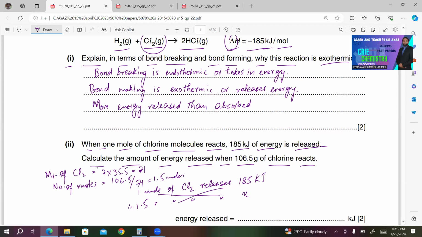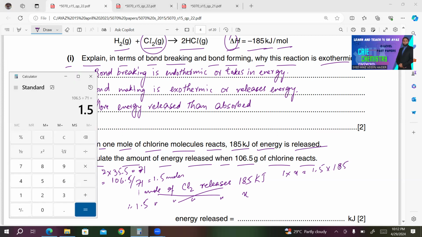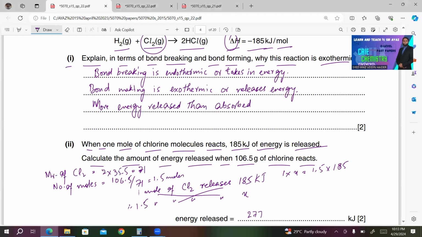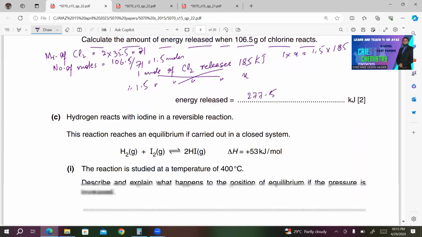So you do the cross: 1 multiplied by X is equal to 1.5 multiplied by 185. That is 277.5. 277.5 kilojoules of energy is released.